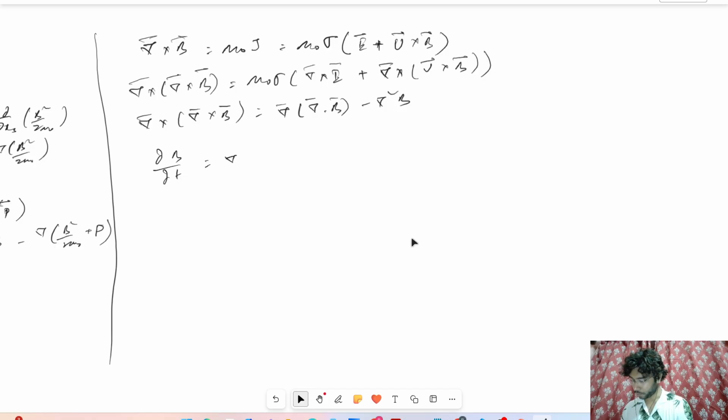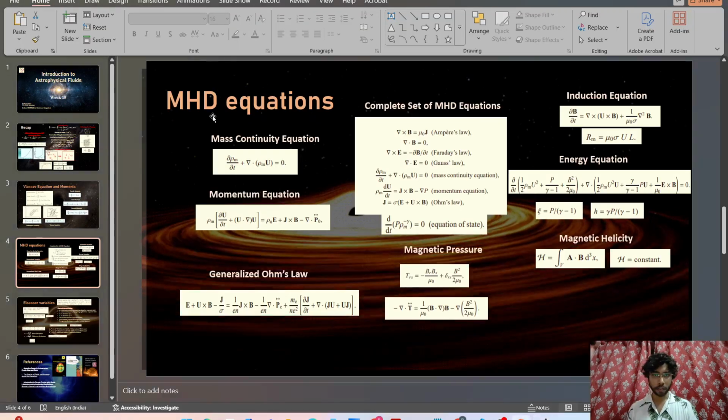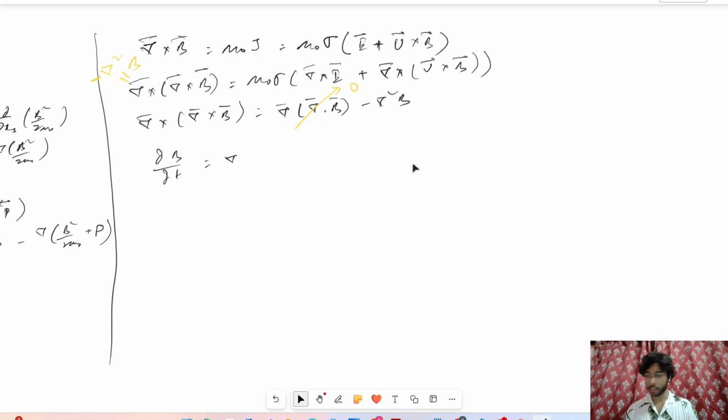Okay, so let's say that this goes to zero because of no monopole constraint. Therefore, this side is just equivalent to minus del square E. So del B del T from Faraday's law is minus del cross E. And this del cross E from this equation, we just substitute in here.